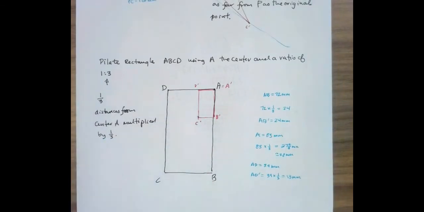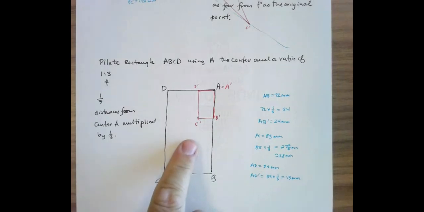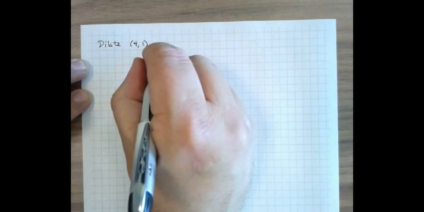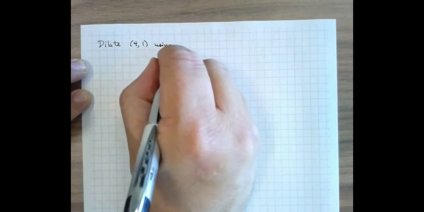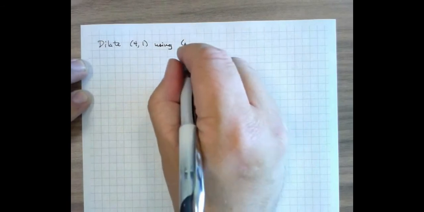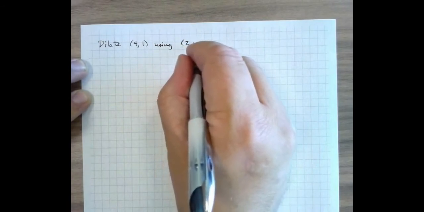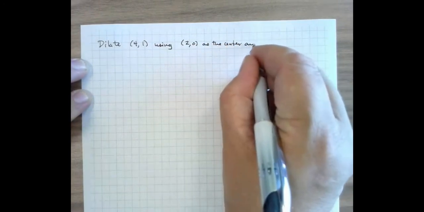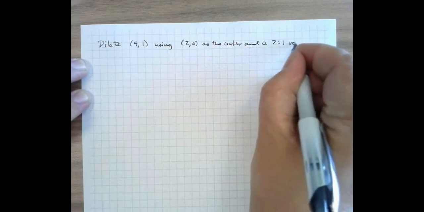So now let's see how we do this when we're dealing with coordinates, and it's very much like this example here with the rectangle. So let's have a look at that now. So let's say I want to dilate 4, 1 using, I don't know, 2, 0 as the center, and a 2-to-1 ratio.